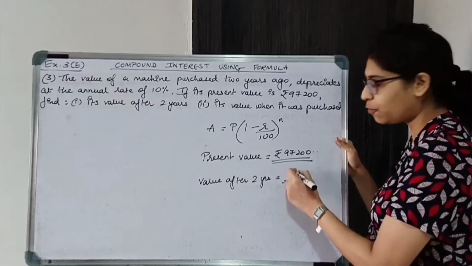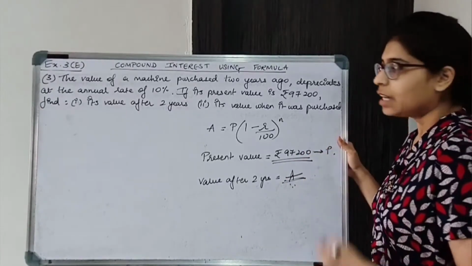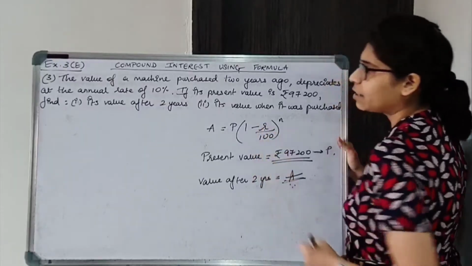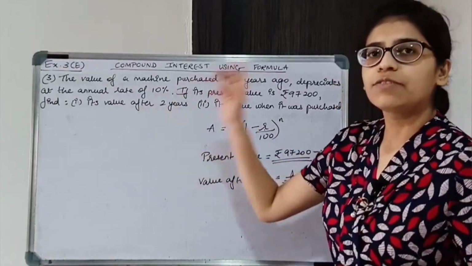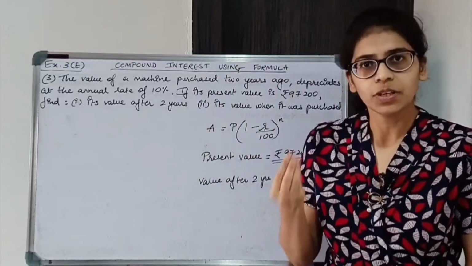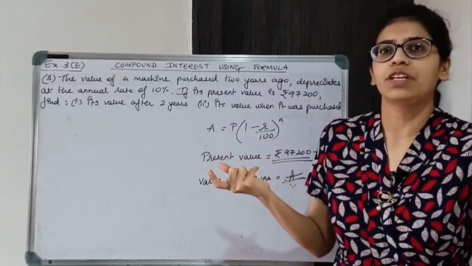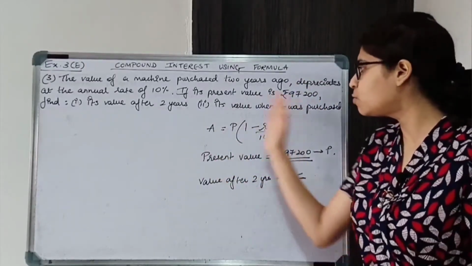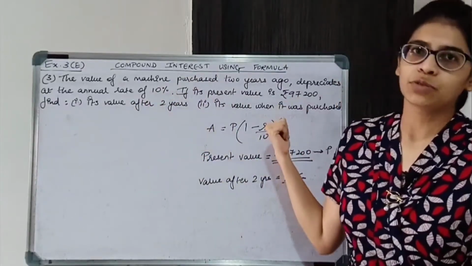Amount we need to find and this is principal. Rate of interest R is 10% and we have to find the value after 2 years, therefore N will be 2. So P we know, R also we know, N also we know. We can easily find A using this formula. So let us solve the first part, then we'll come to the second part.